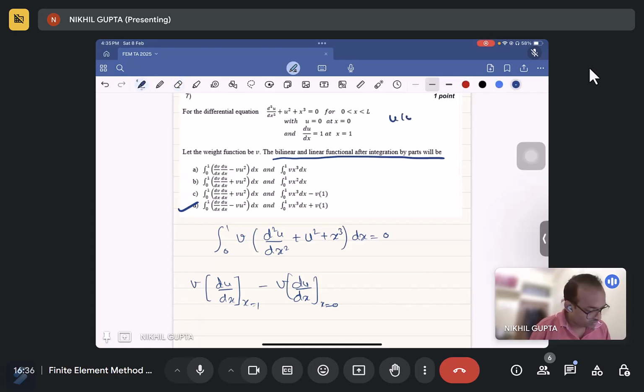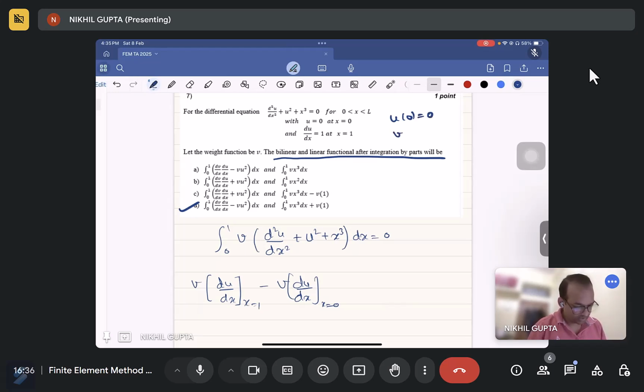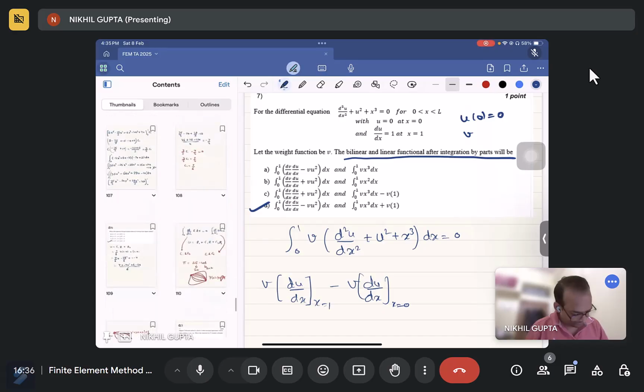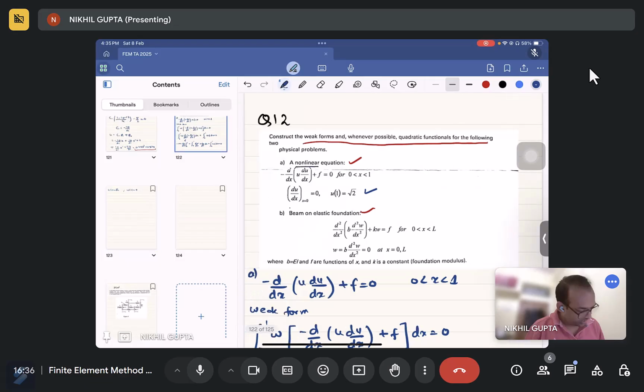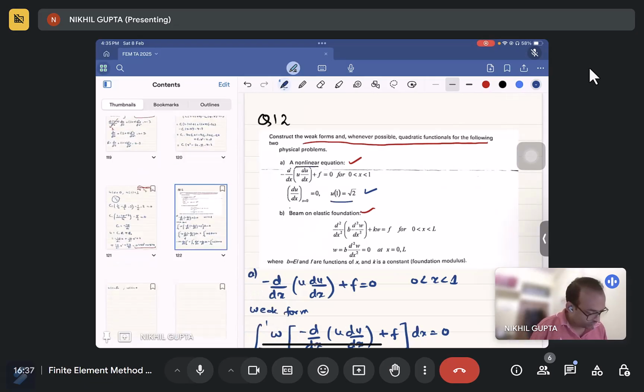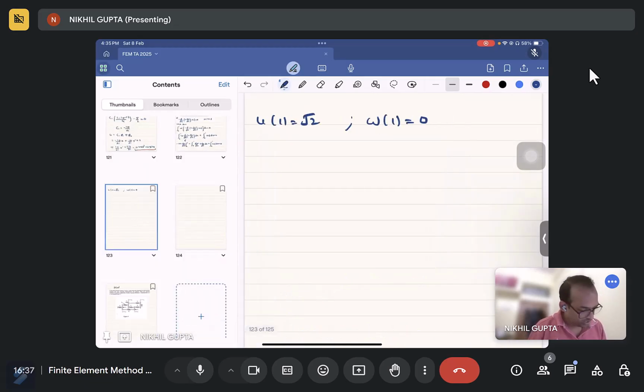If u(0) is given, then w(0) should be given like that. In this question, u(1) is given as this, so its homogeneous counterpart will be w(1), and it should satisfy 0.